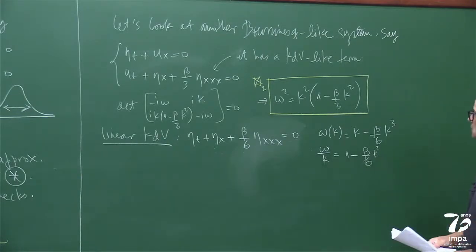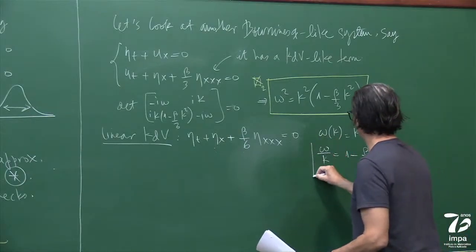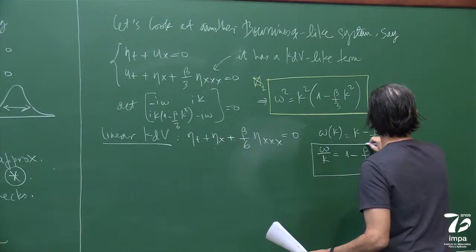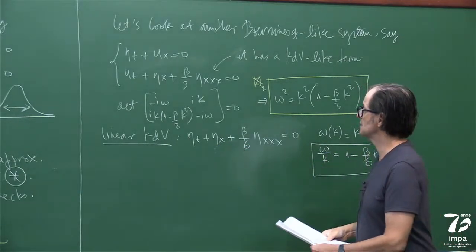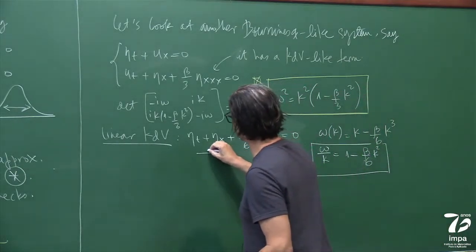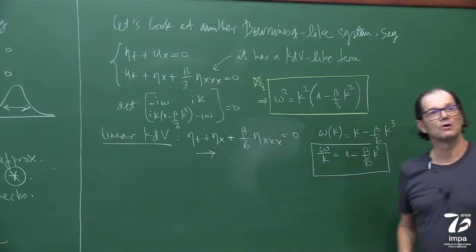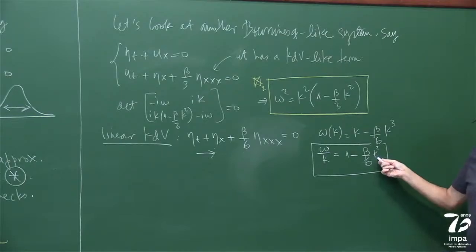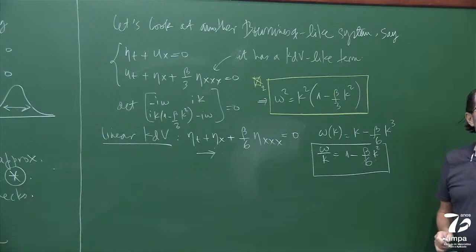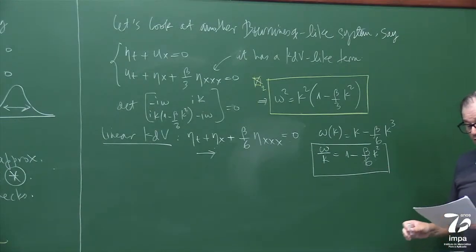So here, even though the KdV in principle is a unidirectional model, for this case it's a unidirectional model for waves propagating this way, for high spatial frequencies, the speed might become negative. But this will be for very small modes and so on.